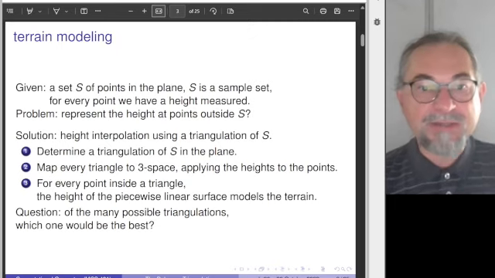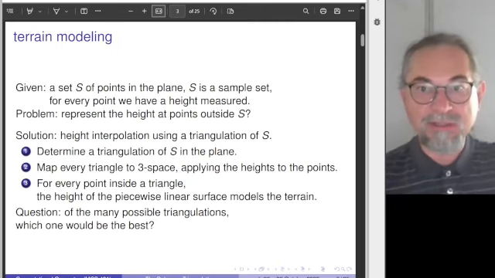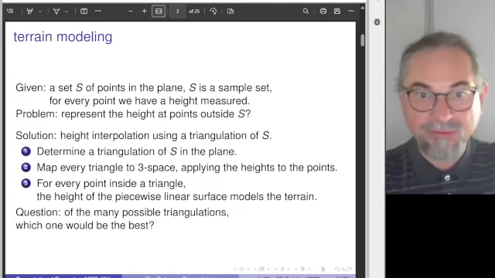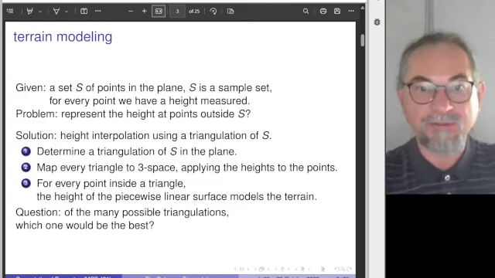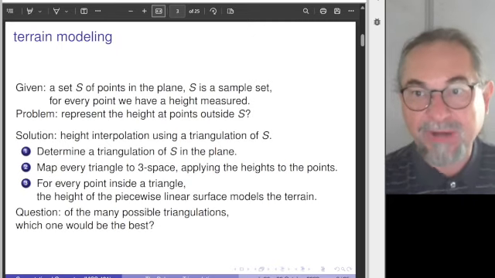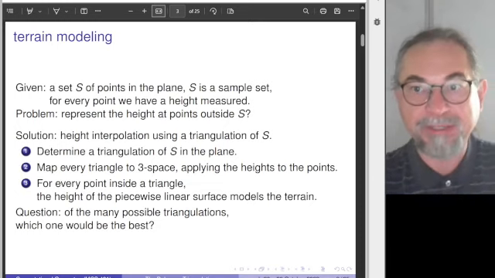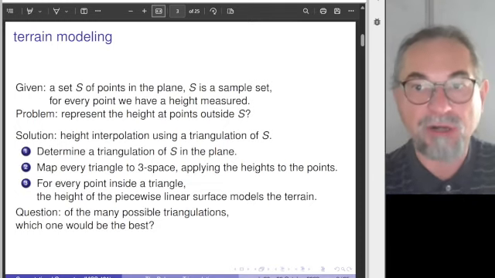Okay, so here it is. You have many points where you know the height. So you figure out the triangulation. And then for every point in the plane, you can locate the triangle.